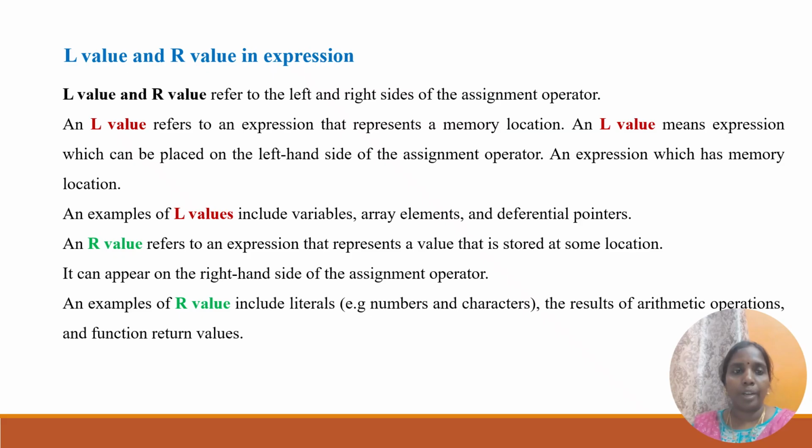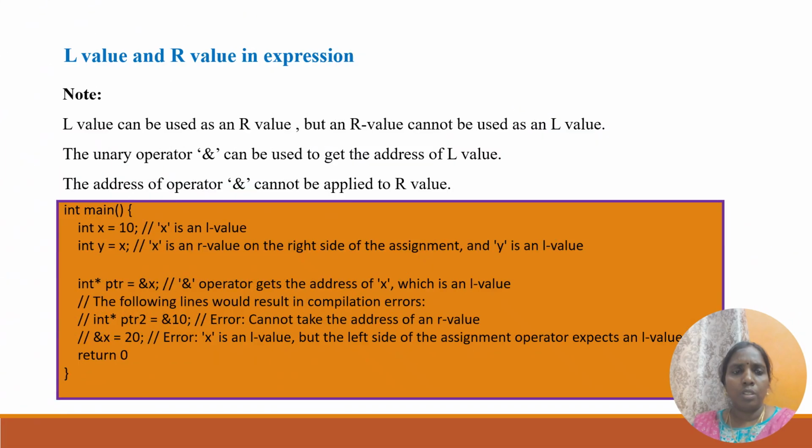This small code snippet shows the L and R values. Here int x is equal to 10, where x is an L value, and the second step is int y equal to x, where x is an R value given on the right side of the assignment operator. Similarly, we can use pointers with L and R values.